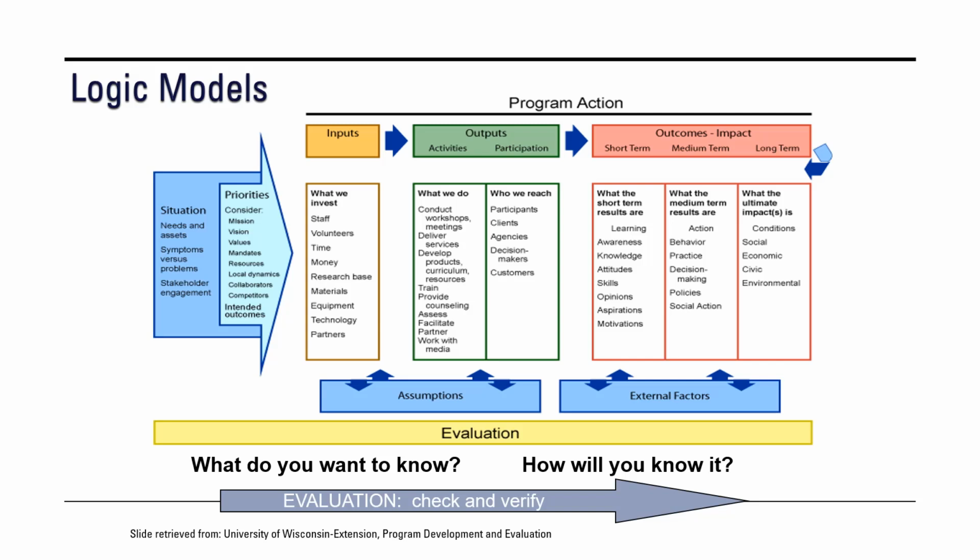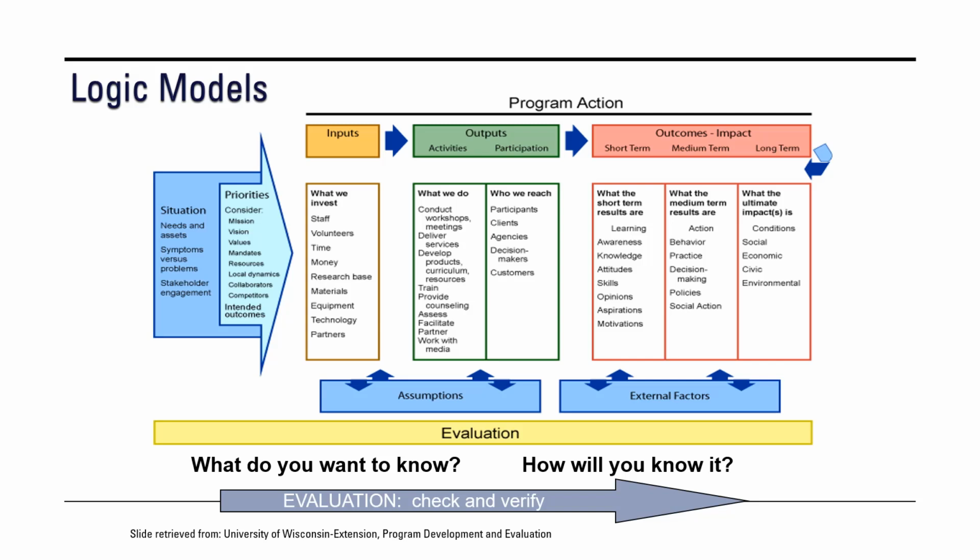Now, in addition to the situation, you also have to consider the priorities of the organization itself, not just the context in which it's operating, but also the organization and what it aims to achieve. As we think through these priorities, we have to consider the mission of an organization, its vision and values, what mandates and resources they have to address community concerns, what some of the local dynamics are in relation to the organization, who the collaborators are in these efforts, and who possible competitors might be.